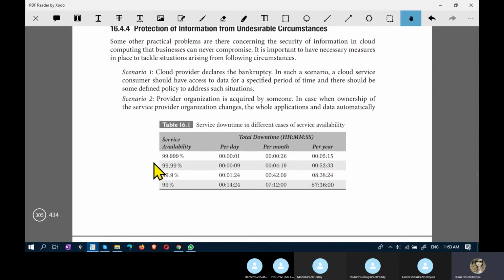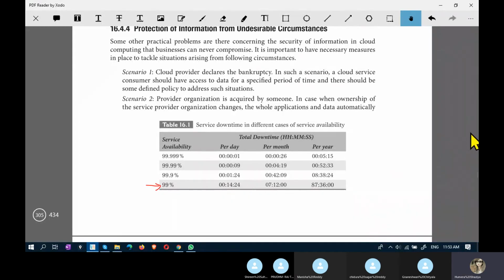Sometimes, if the provider says the availability is 99%, then per day the downtime is 14 minutes, sorry, this is hours, minutes, seconds. So that comes to about 7 hours per month.